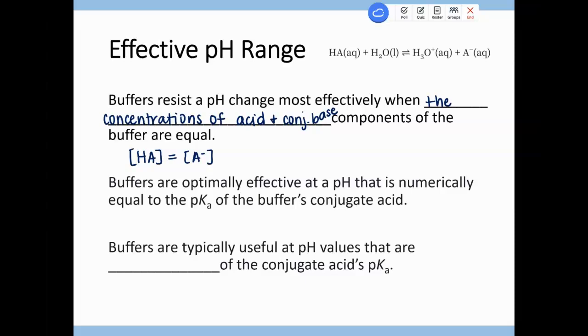And then buffers are optimally effective at a pH, so when the pH of the solution is numerically equal to the pKa of the buffer's acid. So pH is approximately the pKa of HA. And this is what you'd use to choose an appropriate acid to form a buffer solution at a goal pH, a target pH.